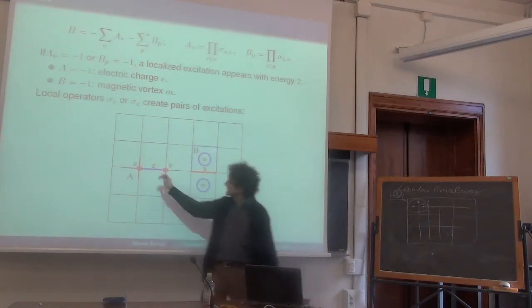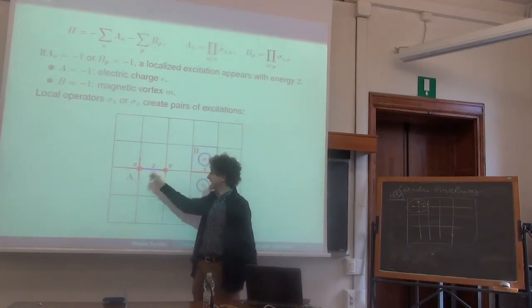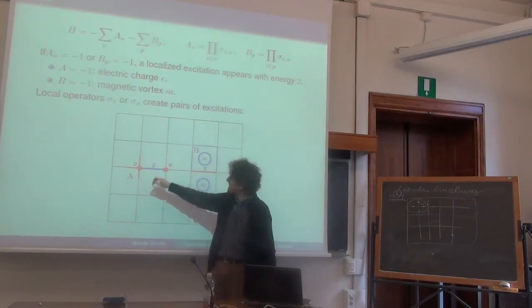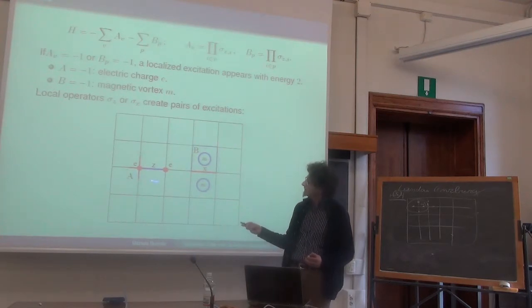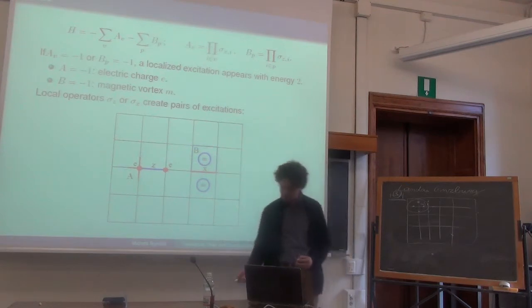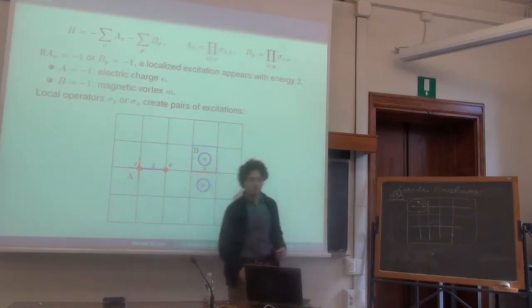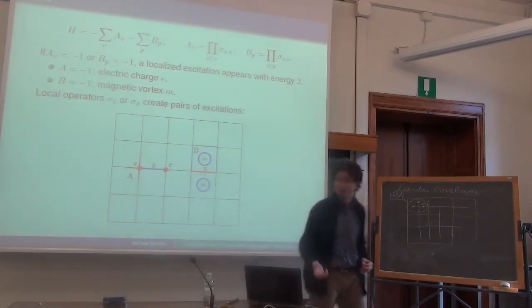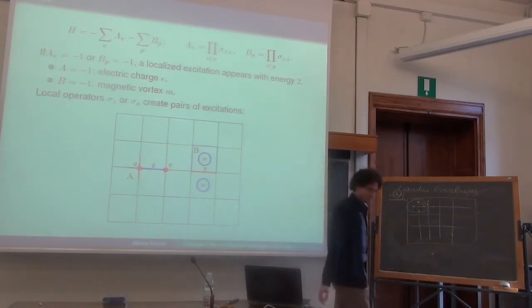At this point, you see that this sigma z does not commute with this operator A and with that operator A, because the A's are defined in terms of sigma x. So, if at the beginning A is equal to +1, once I apply this sigma z operator, this vertex operator A becomes equal to -1. And I identify this -1 as a localized excitation of this vertex that I call an electric charge E. And this terminology is motivated from lattice gauge theory.